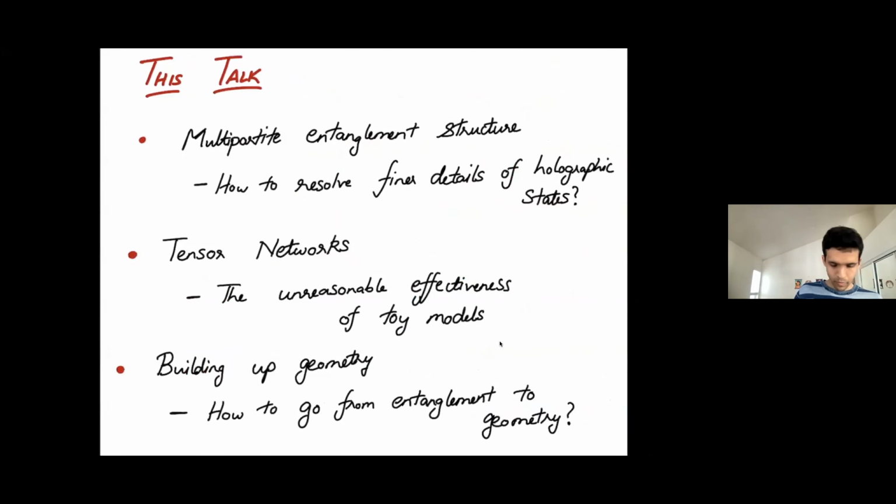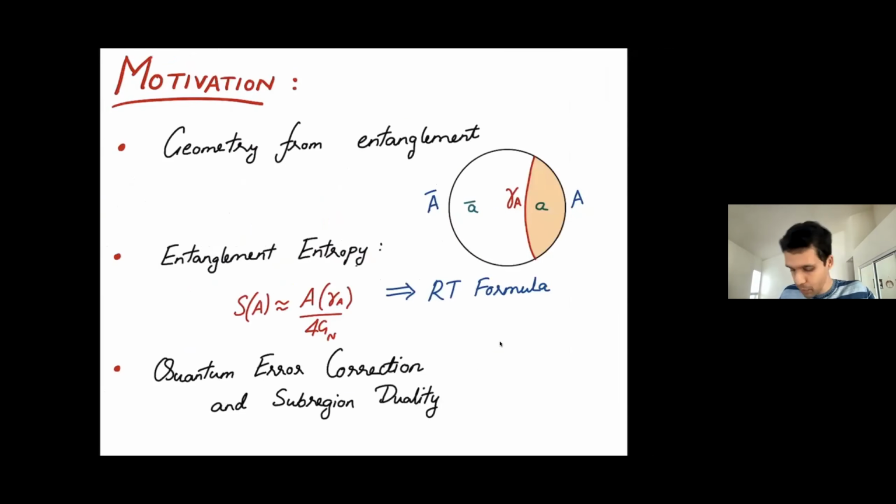So firstly, one problem that we still don't completely understand is, we understand the Ryu-Takayanagi formula, and it measures the entropy, which is a good measure of bipartite entanglement. So in this setting in the previous page, there were two parties here, A and A bar. And the entropy is a good measure of the entanglement between these two.